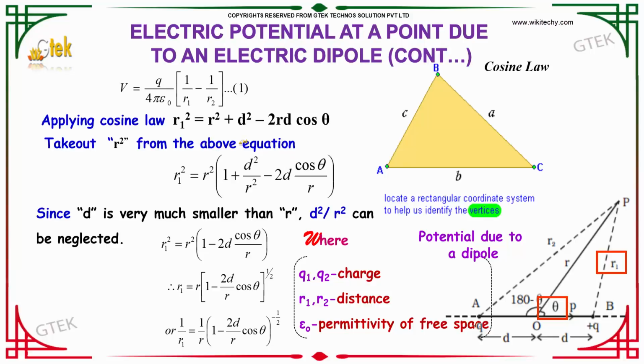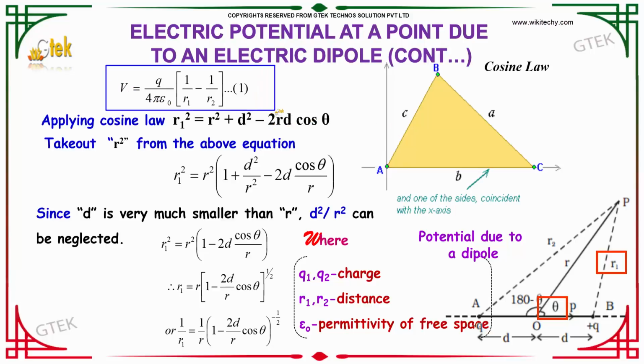Now applying the cosine law, that is R1 square equal to R square plus D square minus 2RD cos theta. Before we apply the cosine law, we have the first equation, that is V equal to Q divided by 4 pi epsilon naught into 1 divided by R1 minus 1 divided by R2.